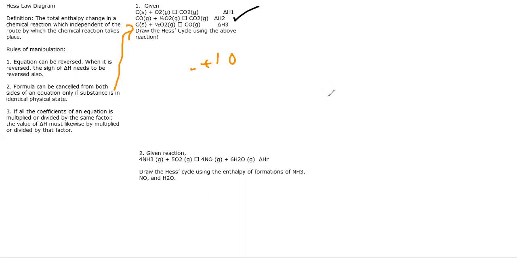Basically you just write here: we have ammonia, 4NH3 plus 5O2 to give 4NO and then 6 water. Sorry, 6 water molecules that we have.